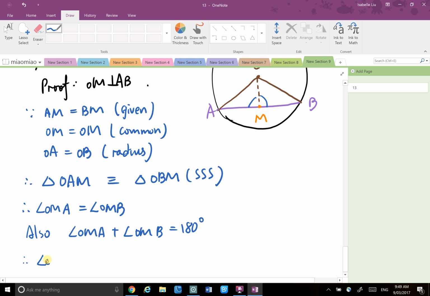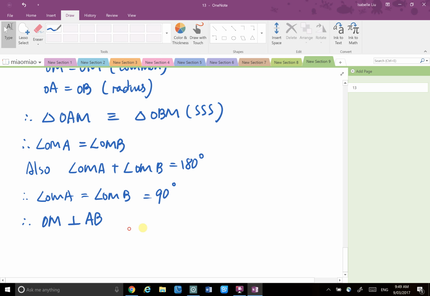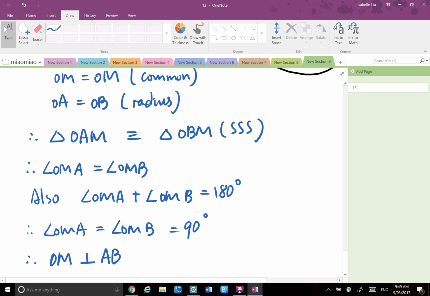So angle OMA equals angle OMB equals 90 degrees. Those two angles both equal 90 degrees. So OM is perpendicular to AB, because those two angles are 90 degrees, therefore they must be perpendicular to each other.